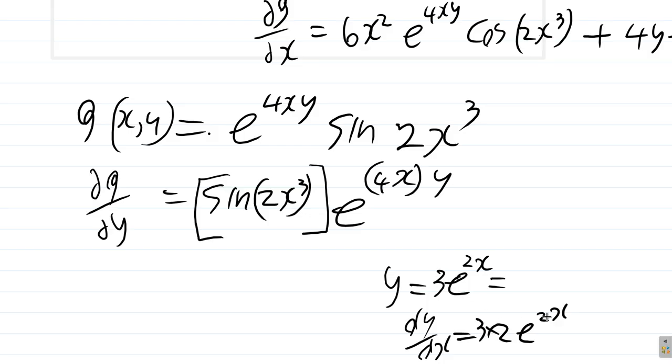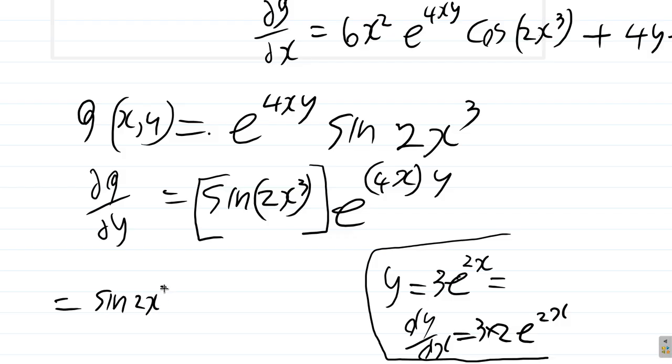So you have 3 times 2e to the 2x. A similar argument will apply to this. The 3 is like the sine 2x cubed, just a number times the e. So this remains sine 2x cubed, because you're treating x as a constant here. So all of this is just a number.